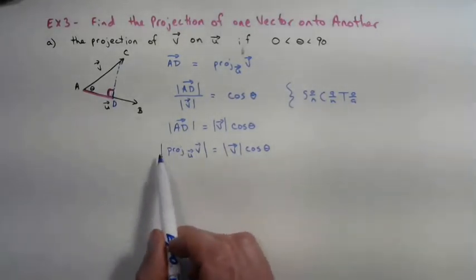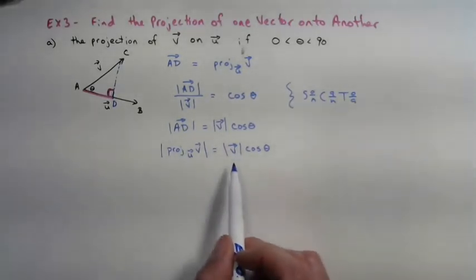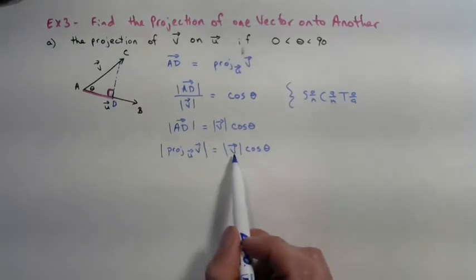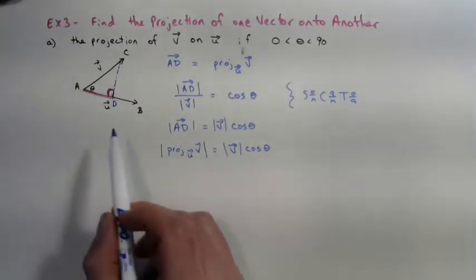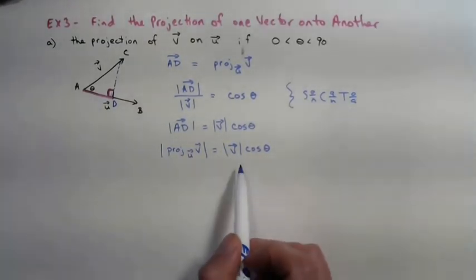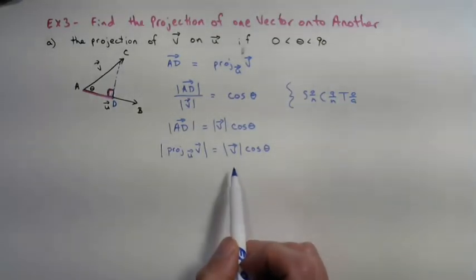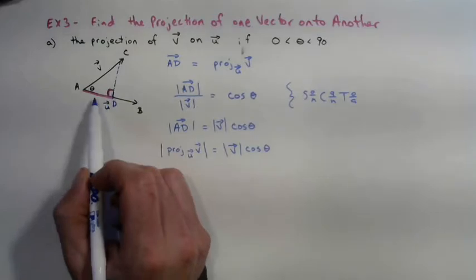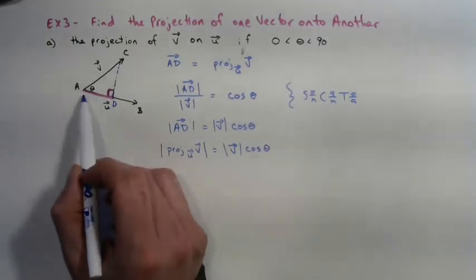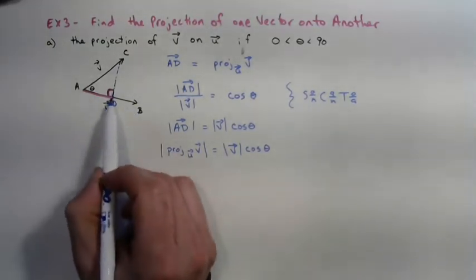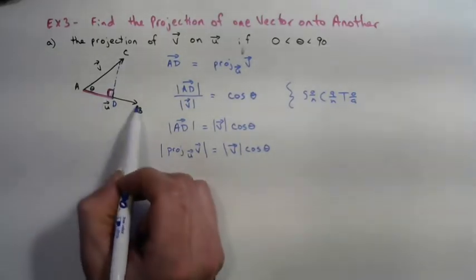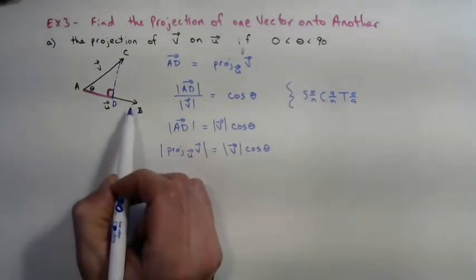So now we have the magnitude of the projection of V onto U represented by the magnitude of V times the cosine of theta, whatever that theta is. And this is going to work in any situation. So this works when the direction of this pink projection is the same direction as the vector U.